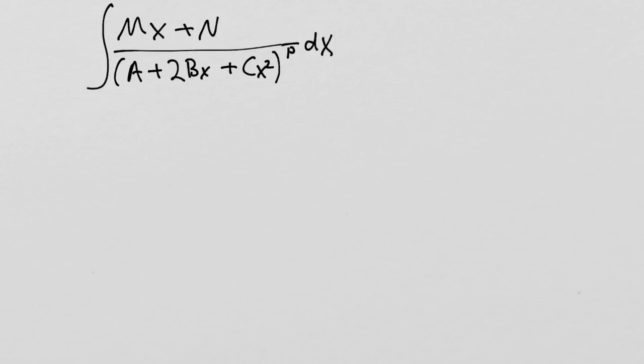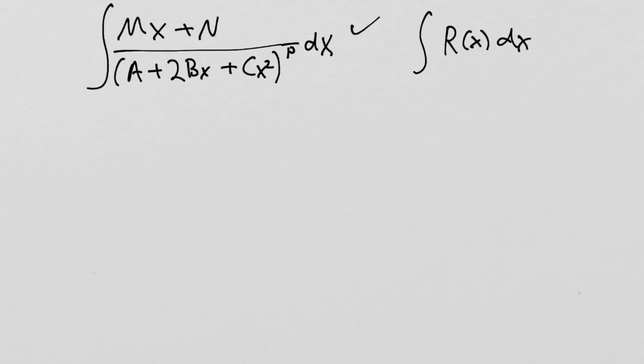So this is the general integral that we have left to do. What I want to say is we hammered our integral of a rational function of x into a bunch of different things. An integral of a polynomial, check. An integral that looks like this, check.